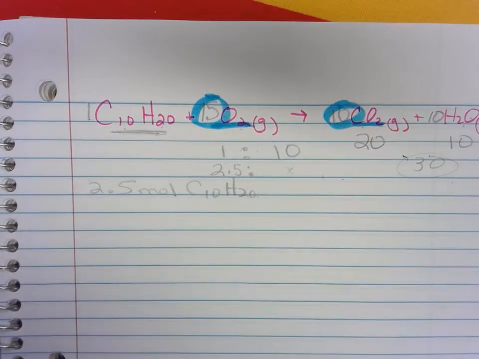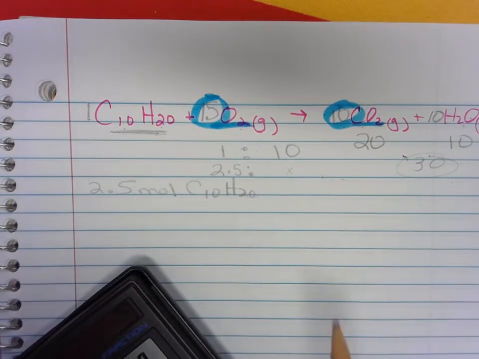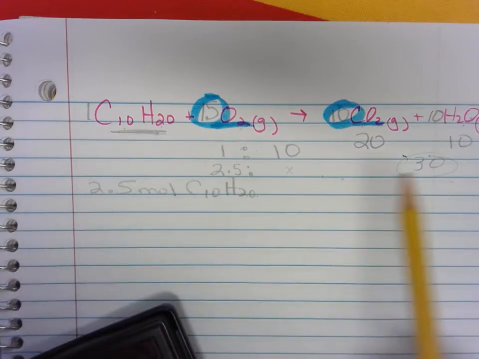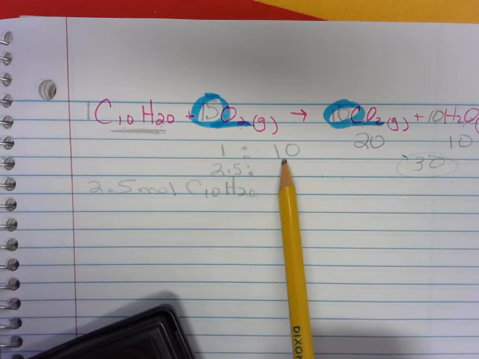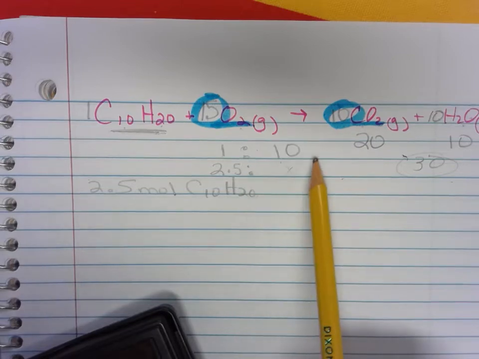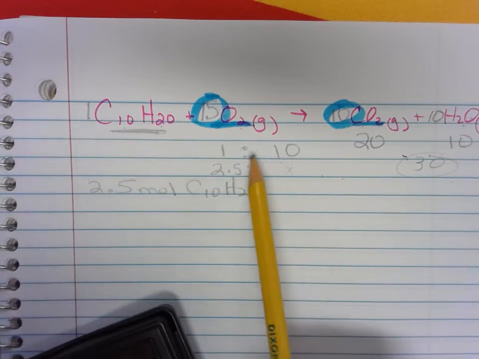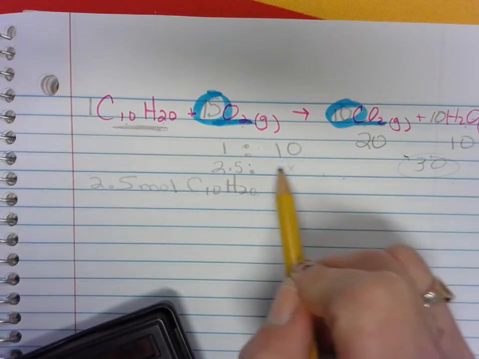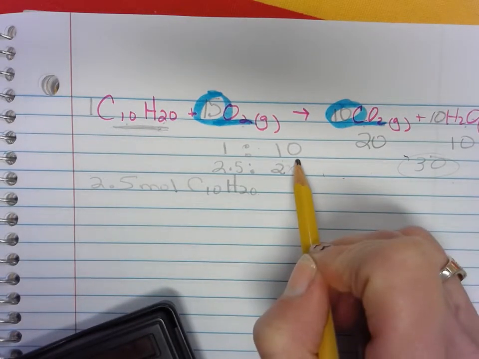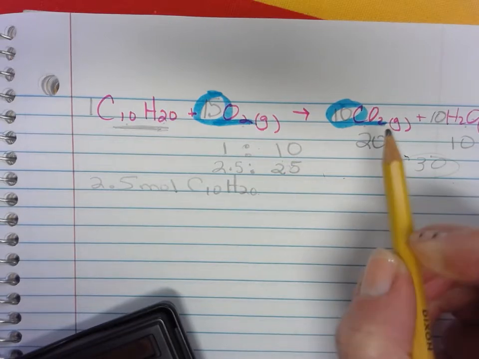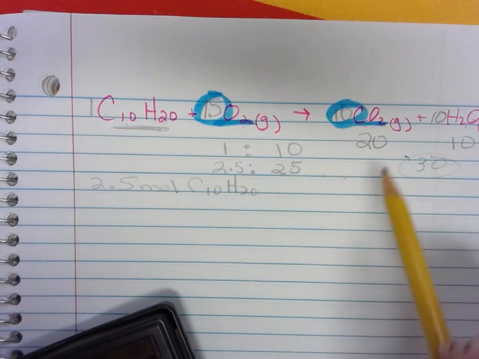However, your math teachers taught you to do ratios before, but I think it's easiest just to multiply by 10 and get 25 moles of carbon dioxide put into the air.